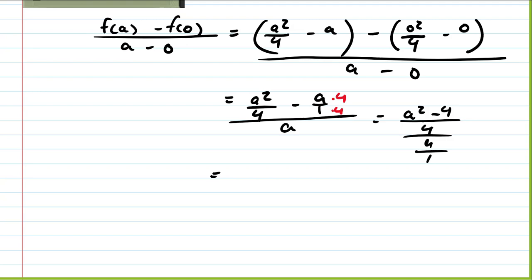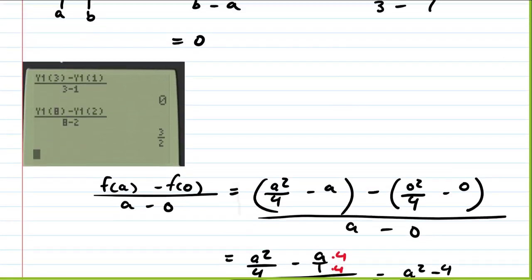So multiplying by the reciprocal of the denominator gives us a squared minus 4 over 4 times 1 over a, giving us a squared minus 4 all over 4a. And that would be our average rate of change on the interval 0, comma a for every value of a.